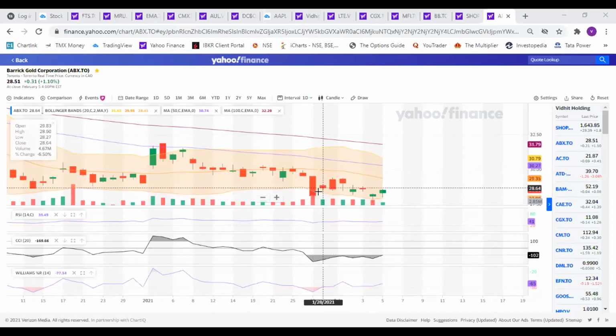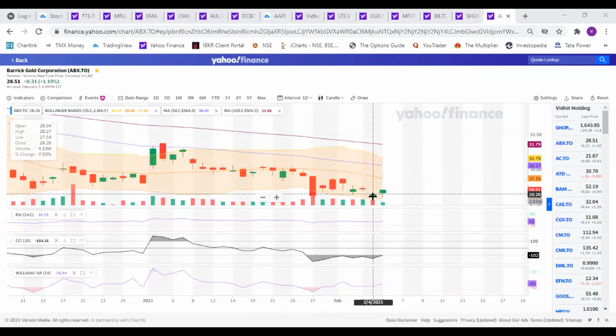And 1, 2, 3, it opens higher, faces resistance and comes down. But 28, or 27.50, still remains a very strong support. And the last two candles over here, after this doji, are giving you strength. Plus, the indicators have turned up.